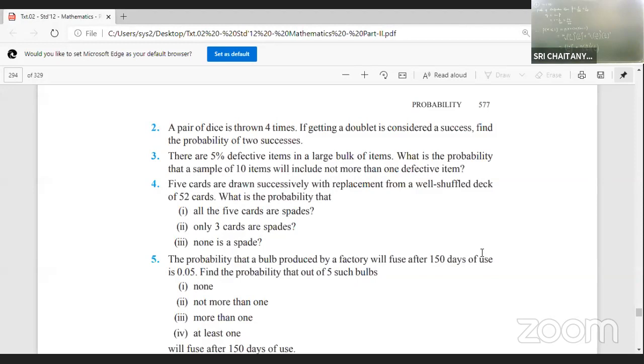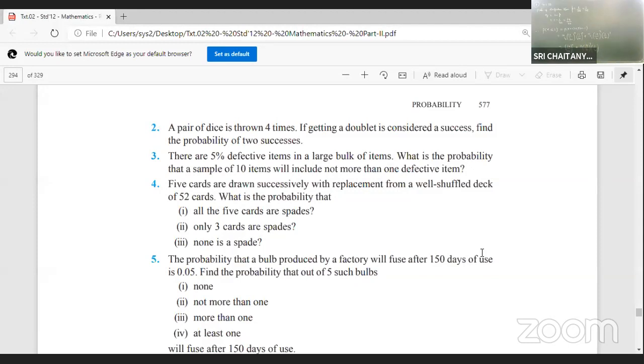Spade is a symbol, right? So there will be 13 spades, right? 13 by 52 is p. First of all, you should get N value, P value, Q value, K value.